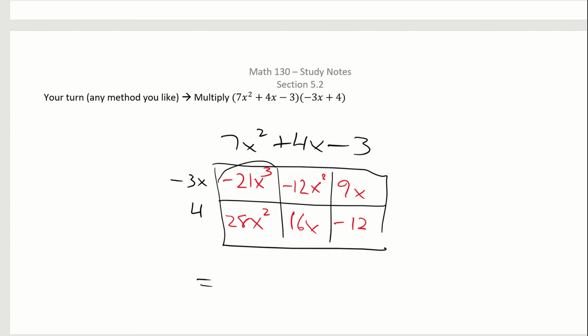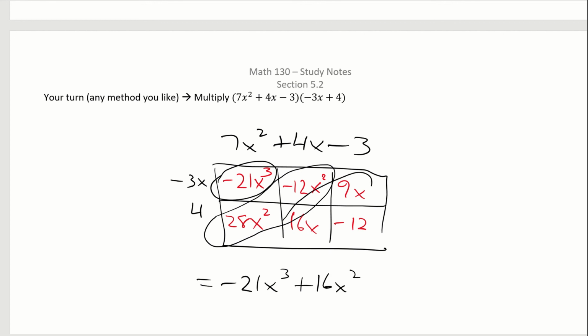It's equal to, there's the top guy, minus 21x cubed. Going diagonal on it, really you're just looking for the like powers, like terms. 28 minus 12 is 16x squared. These guys, 25x. And lastly, minus 12. Who got it right?